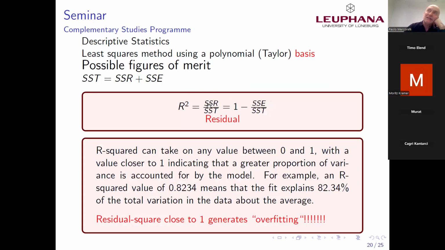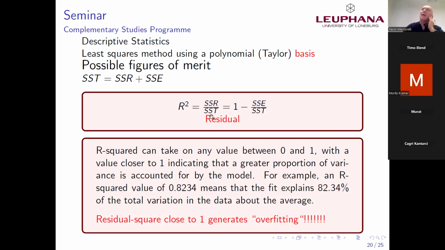R squared is SSR divided by SST, or 1 minus SSE divided by SST. This means R squared is an indicator which sets basically the statistical error normalized by the variance.